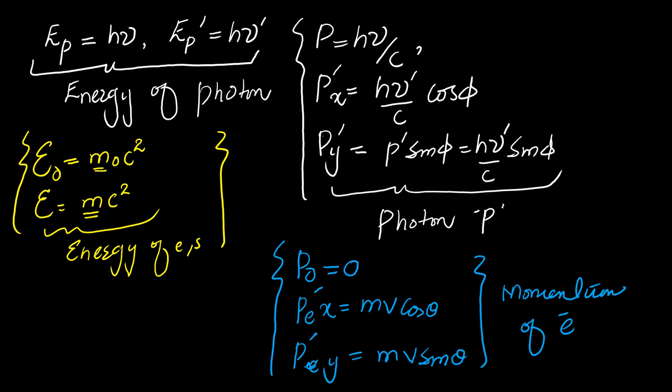Basically the total energy of the incident X-rays will remain the same, and it will be transferred in the form of scattering of the electron and scattering of the photon. So now, applying the law of conservation of energy and the law of conservation of momentum, we calculate the Compton shift in the wavelength of an incident photon of X-rays in the Compton effect.